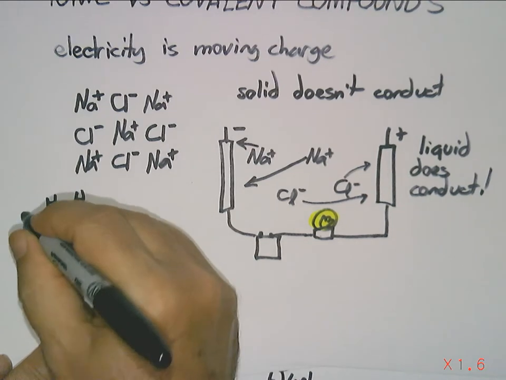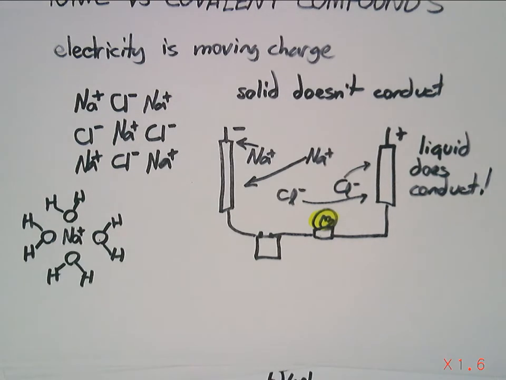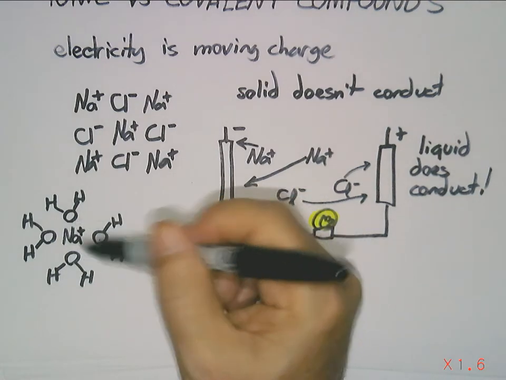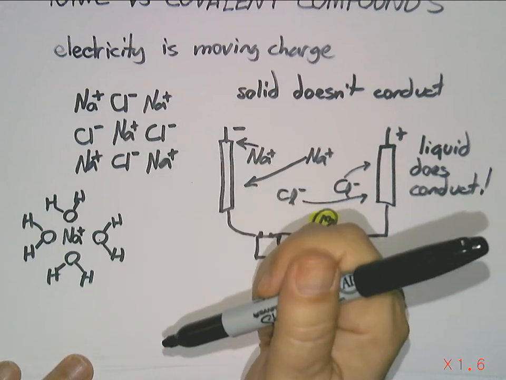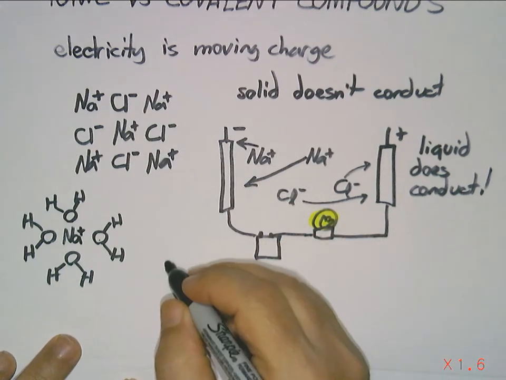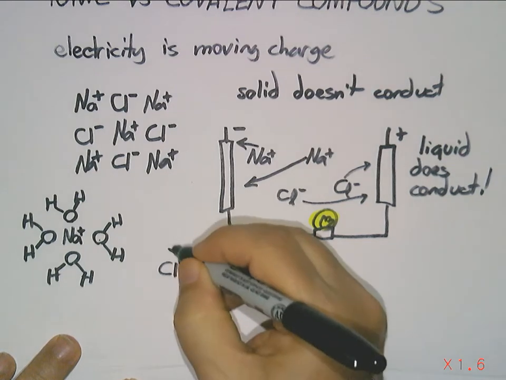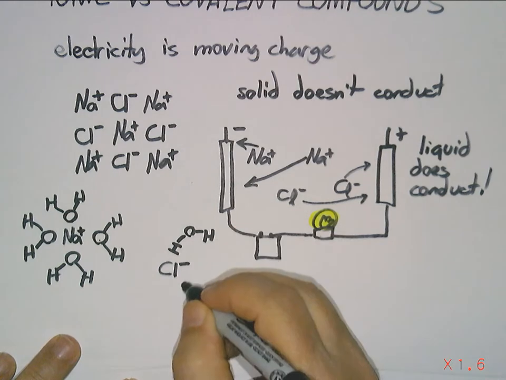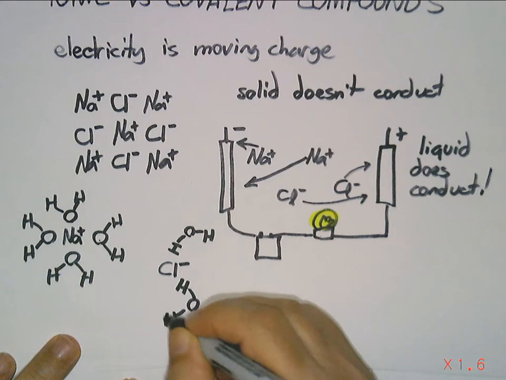Now water molecules are polar. That OH bond is polar. There's a negative end on the oxygen end because oxygen is the more electronegative atom. And it'll surround the sodium and carry it off, and it won't be able to go back to the crystal again. They'll do the same thing with the chloride, except this time the hydrogens will stick to the chloride because that's the positive end of the water molecule.